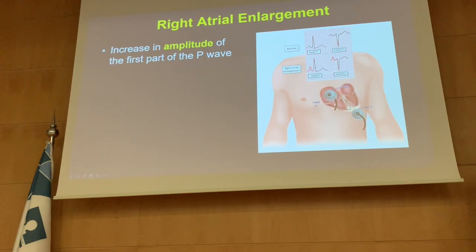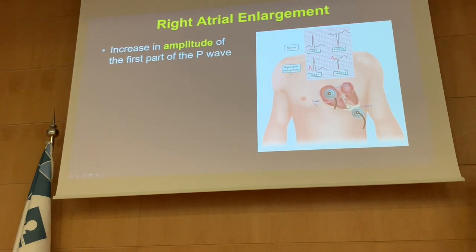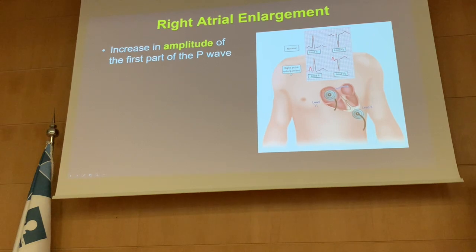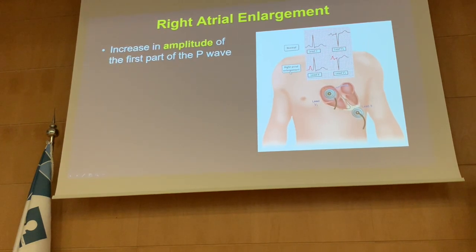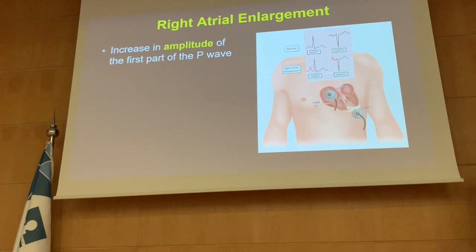Okay, because the patient has whatever problem in the valve, and it will give you big P wave in lead 2. And also it can be big in lead V1, but more in lead 2. Clear? So if I give you a scenario of right atrial enlargement, will be good enough?